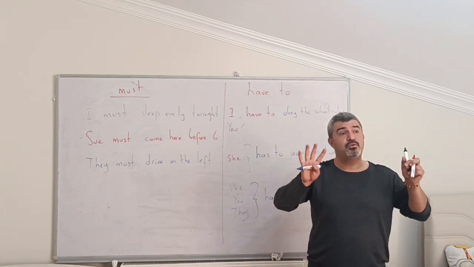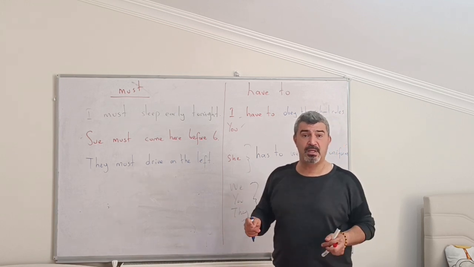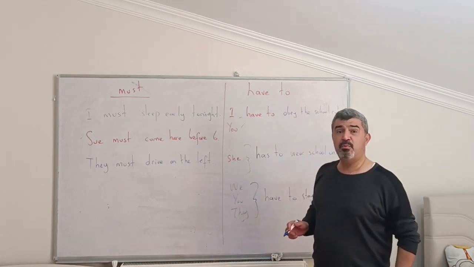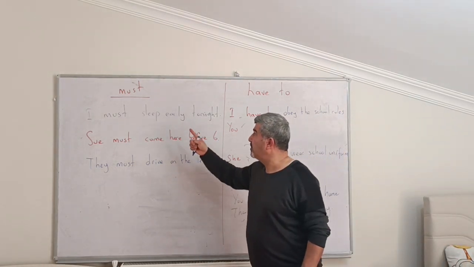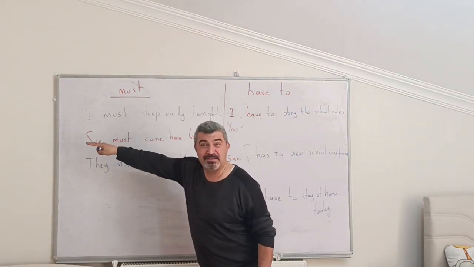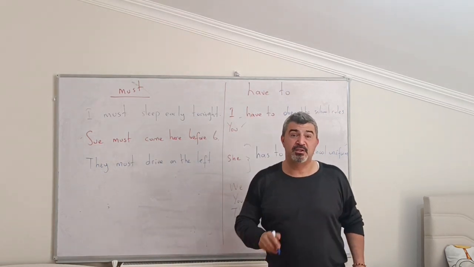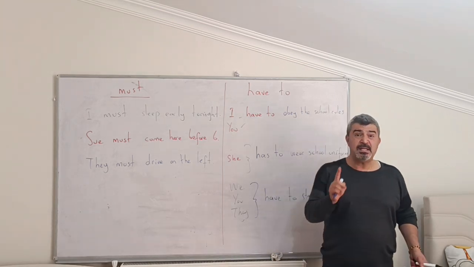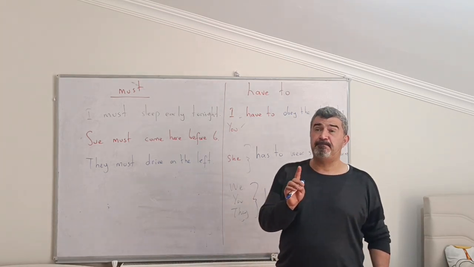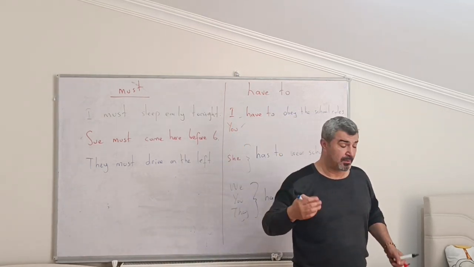So laws and rules are more important, they are stronger than must. Must is stronger than should. Have to is stronger than must. The strongest of all obligations is have to. It is an obligation that comes from outside.